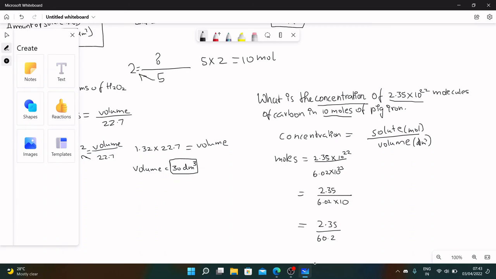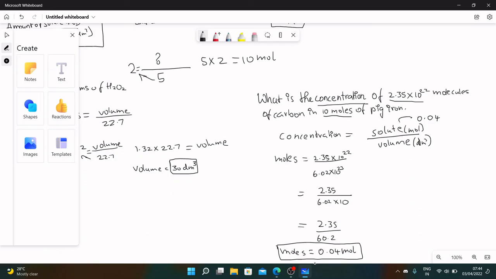So our moles, if you do this division, you will get 0.04 mole. And that's your final input for your solute. 0.04. We have it in moles, so we're putting in the moles.